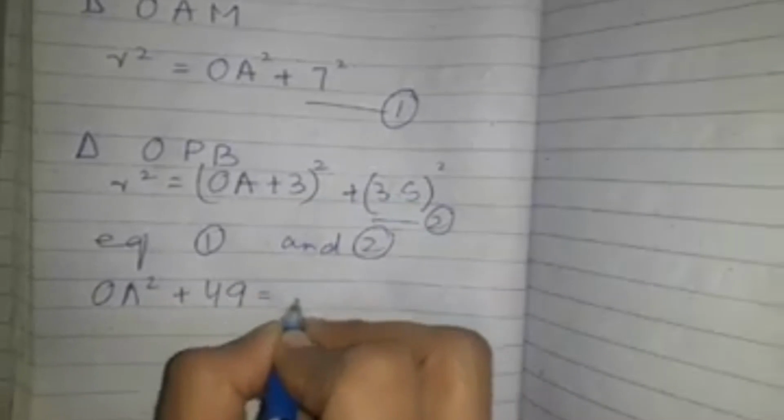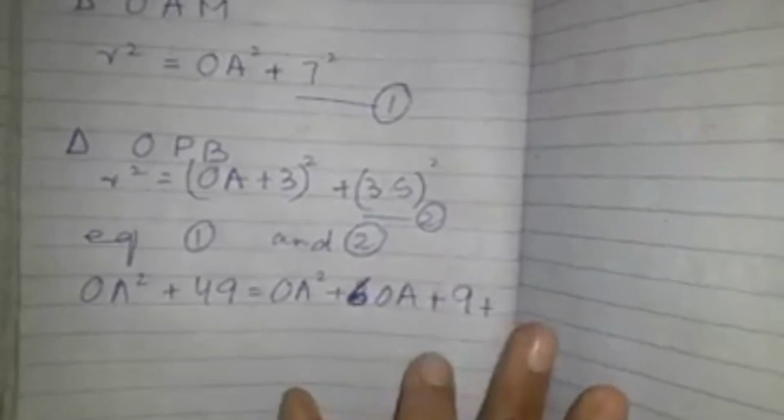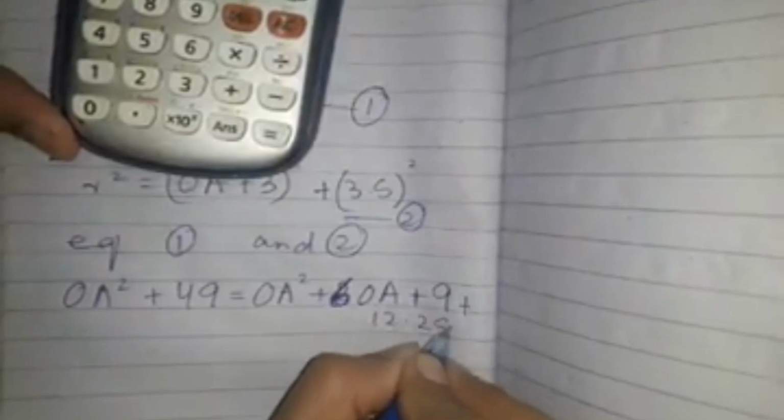Now just equating these two and find out the value of OA. Equating equation 1 and 2: OA square plus 49 is equal to OA square plus 6 OA plus 9 plus 3.5 to the whole square, which is 12.25.